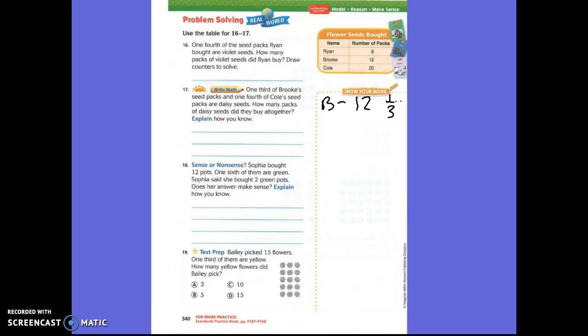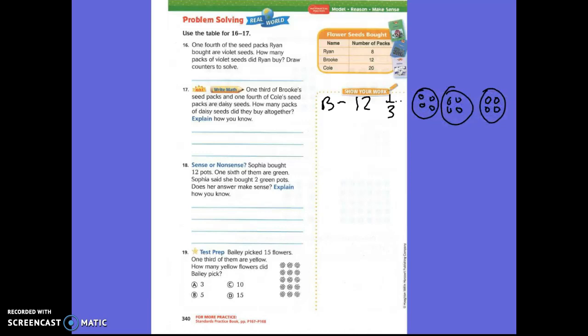So let's figure out how many of her seed packs are daisies. What do I need to do? Draw 3 circles, 3 groups. Then what do I do? Eli? Put 1 in each till you get to 12. 1, 2, 3, 4, 5, 6, 7, 8, 9, 10, 11, 12.